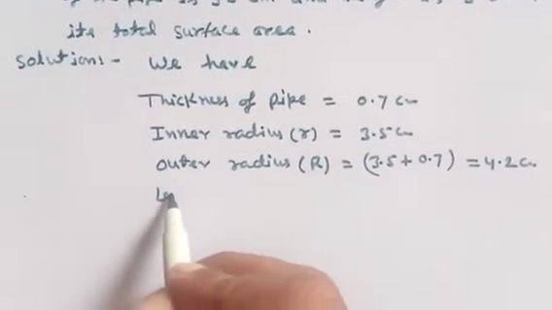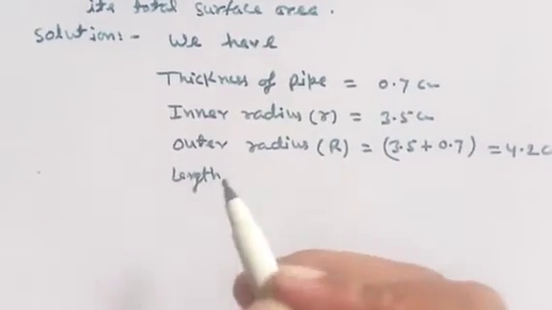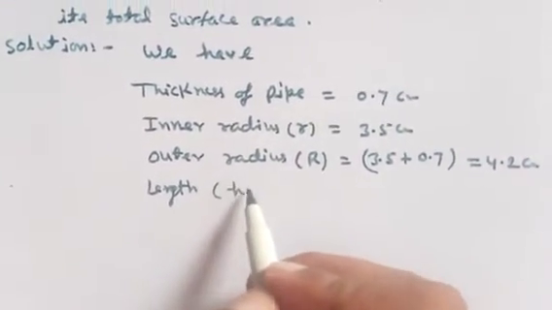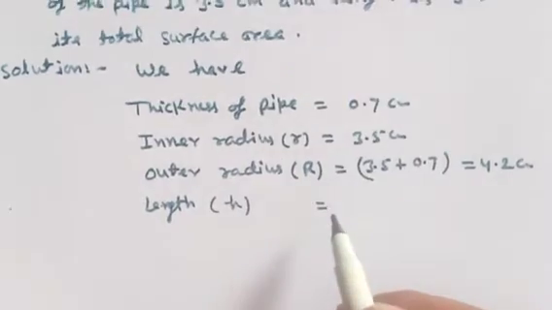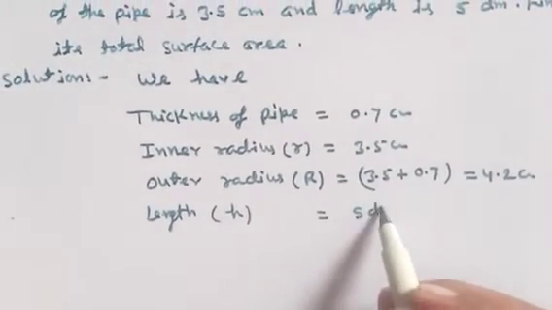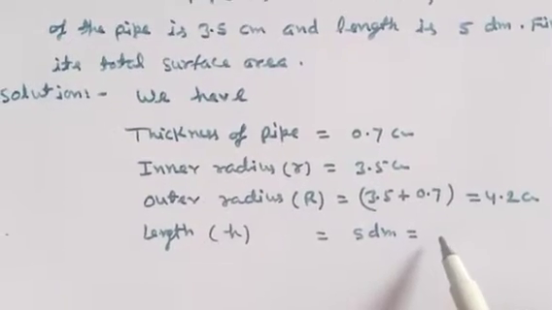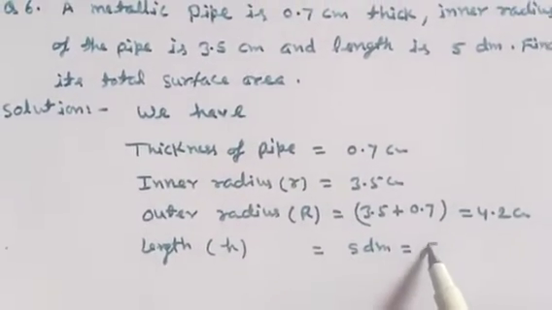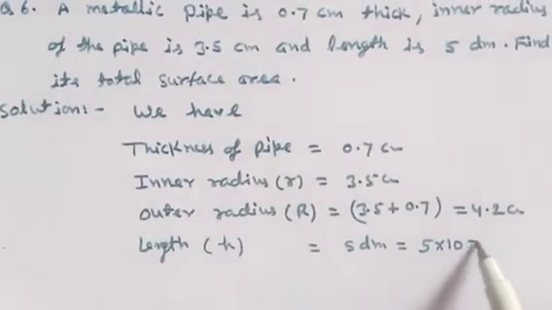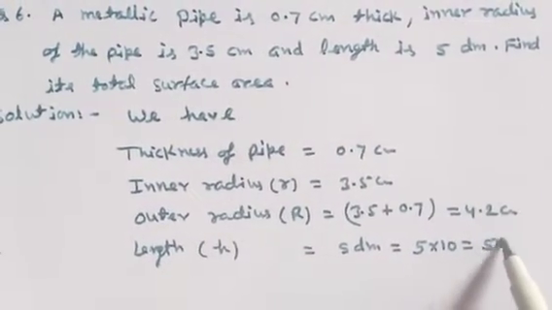Length of the pipe denoted by H equal to 5 decimeter. We know 1 decimeter is equal to 10 centimeter, so 5 into 10 equal to 50 centimeter.